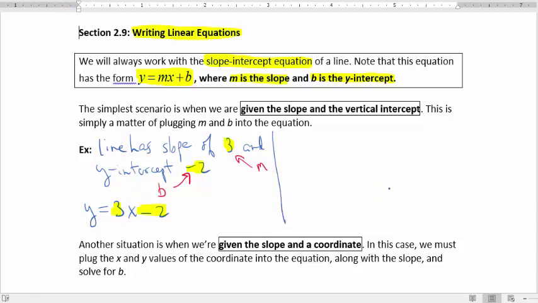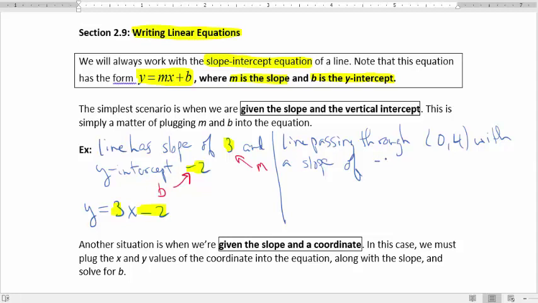So what if they say, what's the equation of the line passing through (0, 4) with a slope of -1/2?